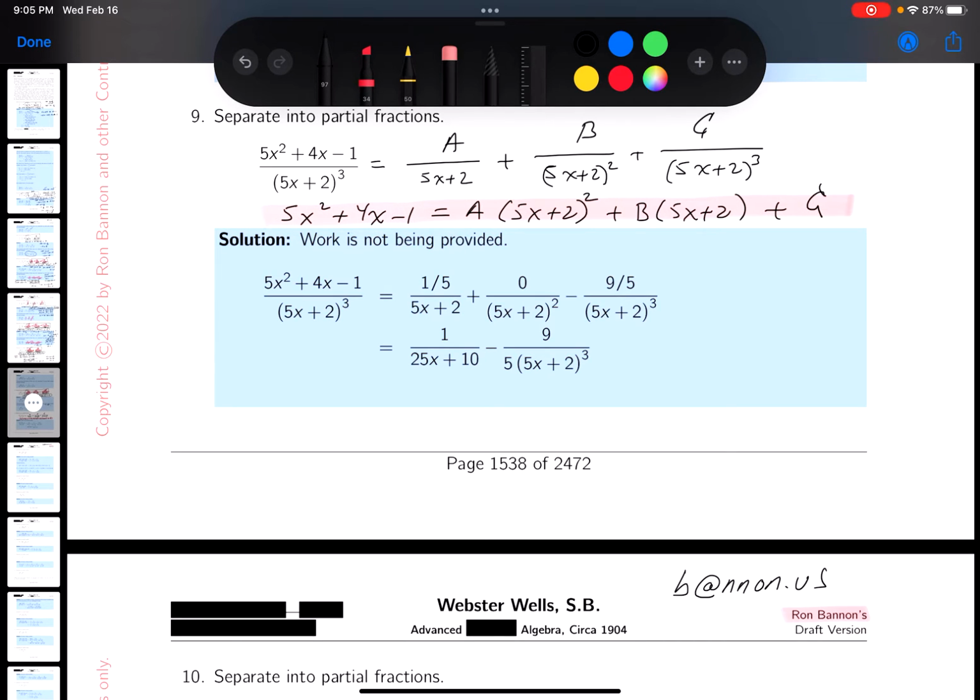My goal is to get rid of the A and the B to find out what the C is. And the only way I can do that is if I choose x to be minus 2/5.